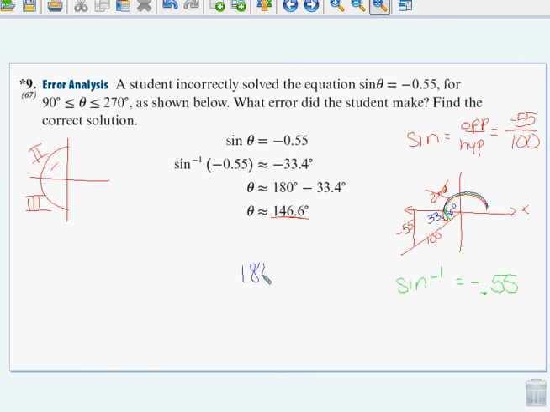So 180 plus 33.4 degrees is our answer, which should end up being, well, you figure it out. So what is the student's error? Right here. The student should add 33.4, so it ends up in the third quadrant because we've been told that it has to be either in the second or the third.